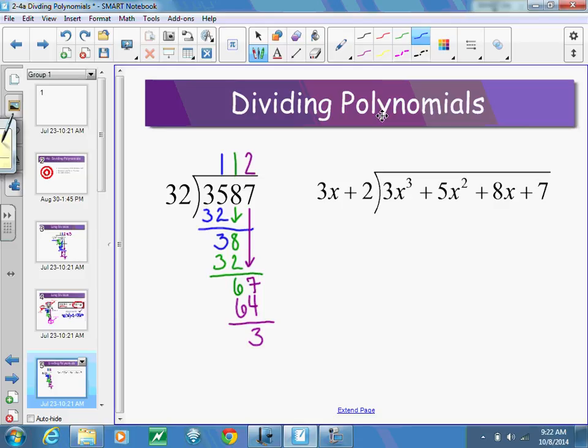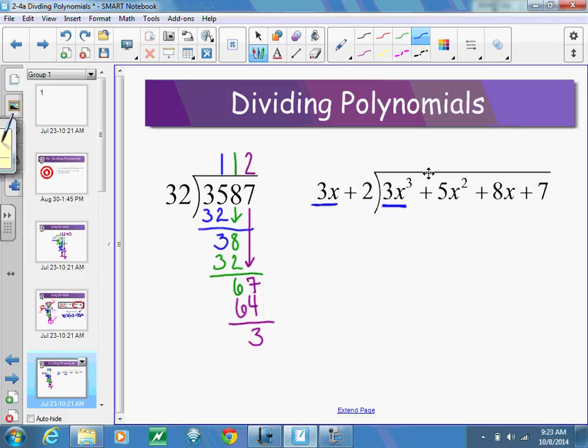So here I have 3x to the third plus 5x squared plus 8x plus 7, and I'm going to divide it by 3x plus 2. Where this all begins is I take a look at just this 3x, and I ask myself, how many times does 3x go into 3x to the third? Another way of thinking about that is, 3x times what would give you 3x to the third?